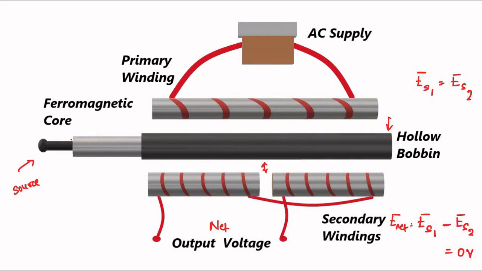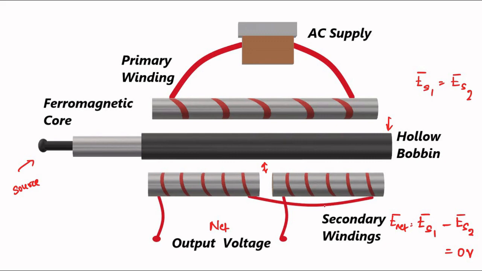Now when the core moves either to the left or to the right, the degree of coupling with one of the secondary windings increases relative to the other. It no longer stays the same. The degree of coupling with one secondary winding increases, and with the other secondary winding it decreases.